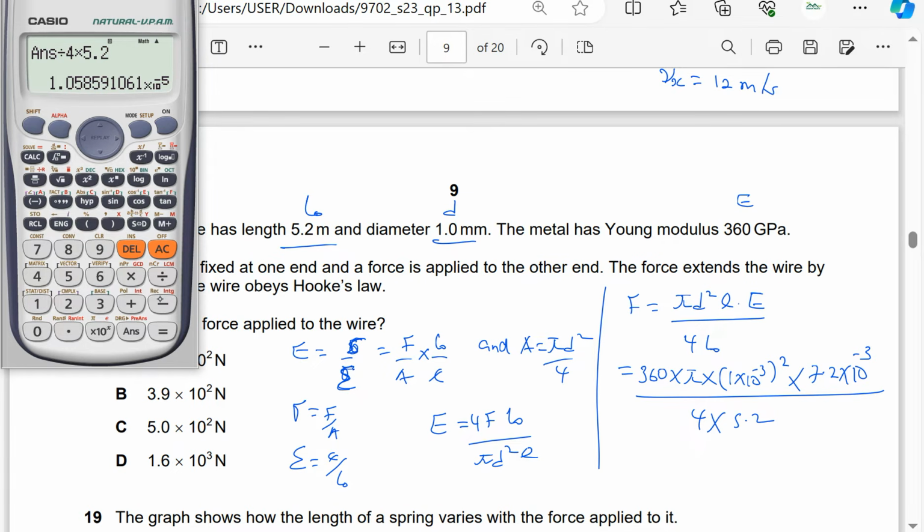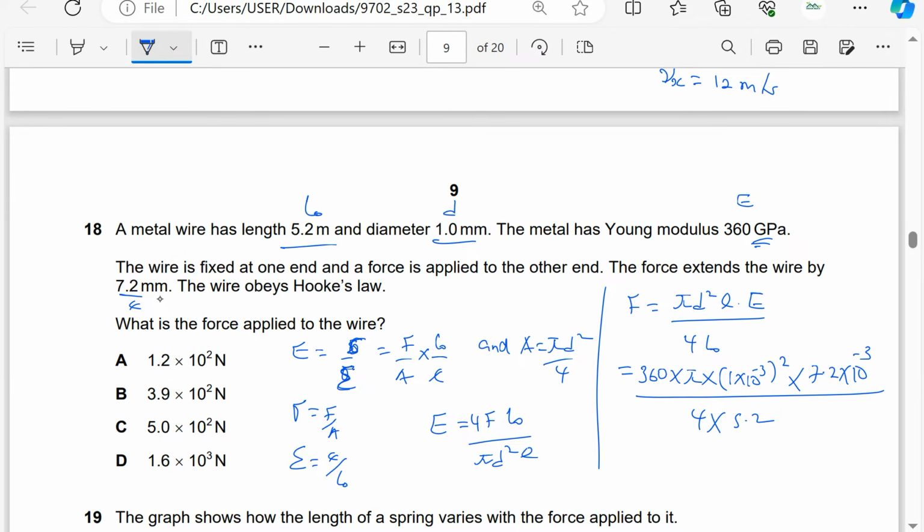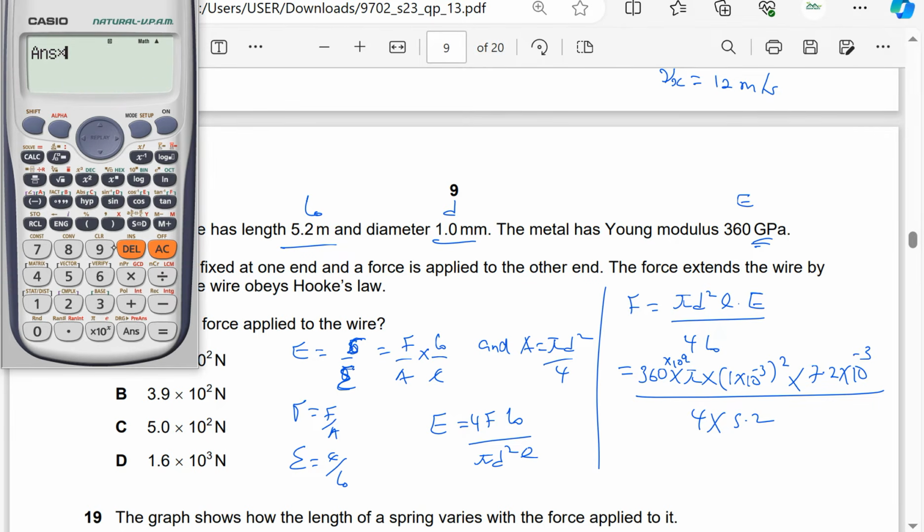Oh, Young modulus was in gigapascals, so this one is times 10 power 9. I'll just multiply the answer by 10 power 9.